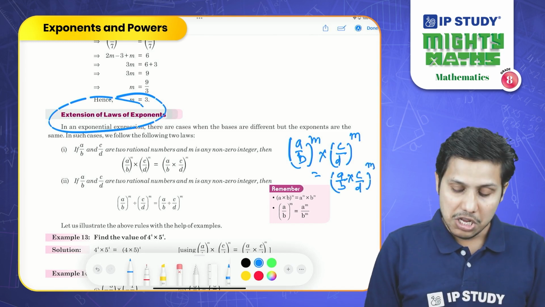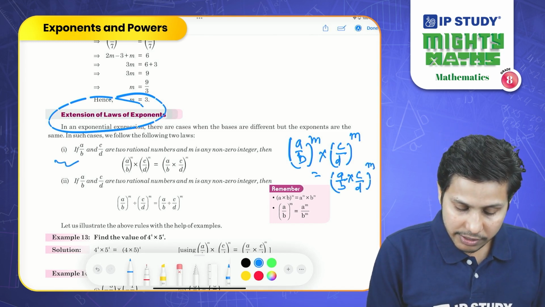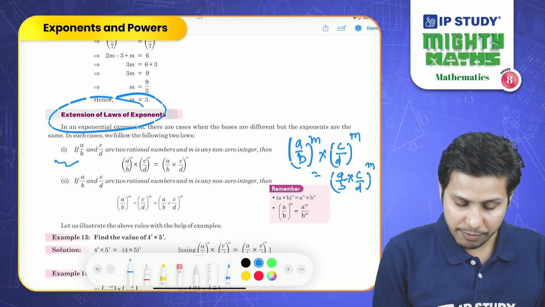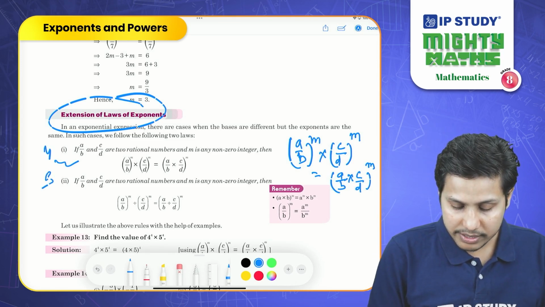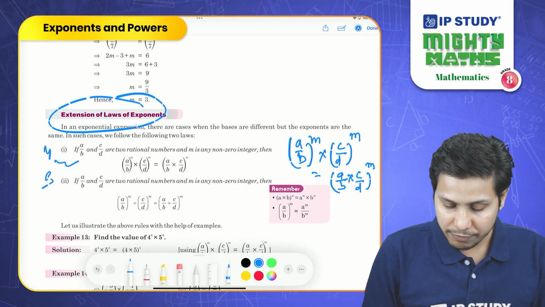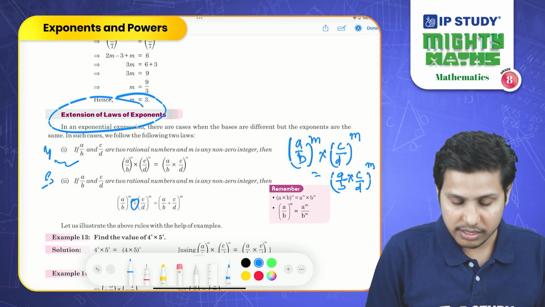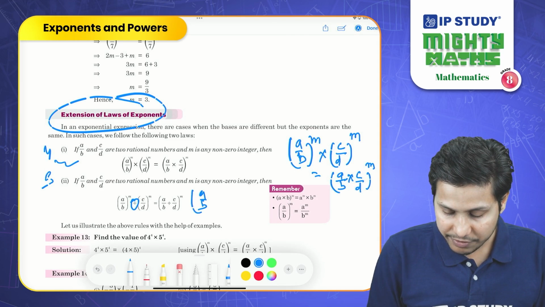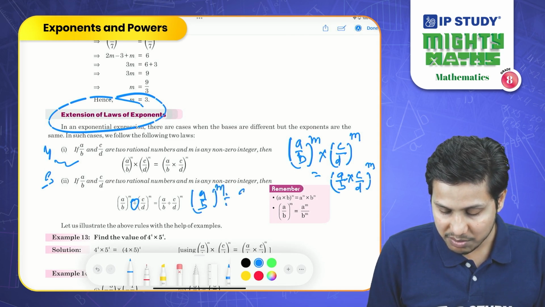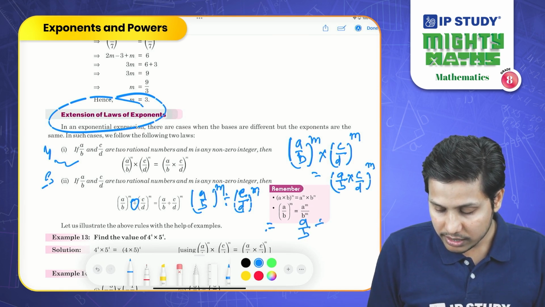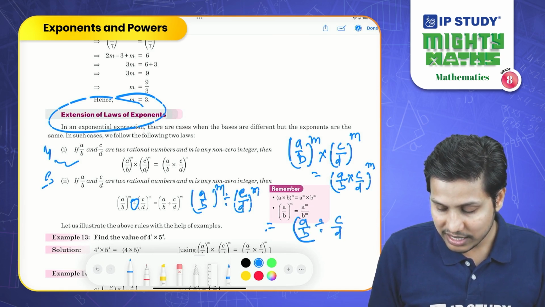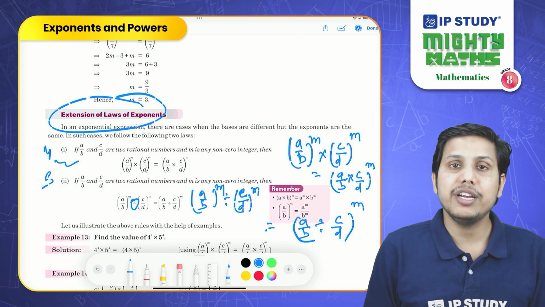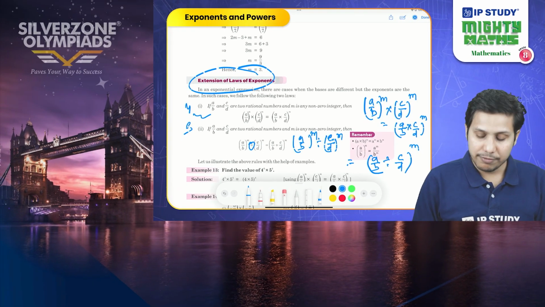So this is law number 4, and the fifth law is the opposite of multiplication, that is division. If there is division between two rational numbers with the same exponent but different bases, then we can first do the division of the two rational numbers and then have a single exponent to represent the final answer.